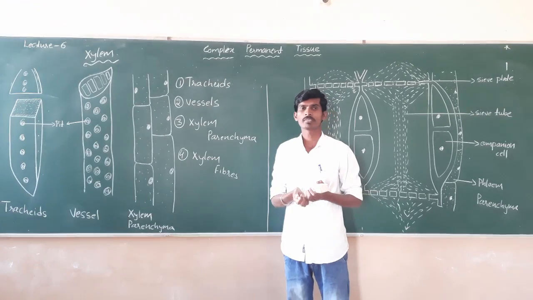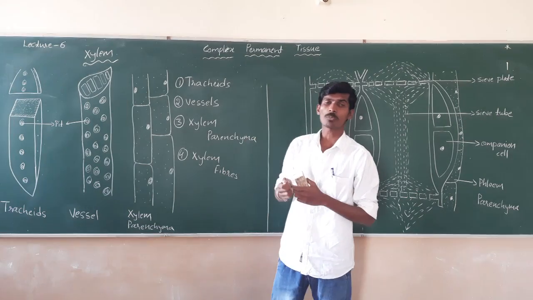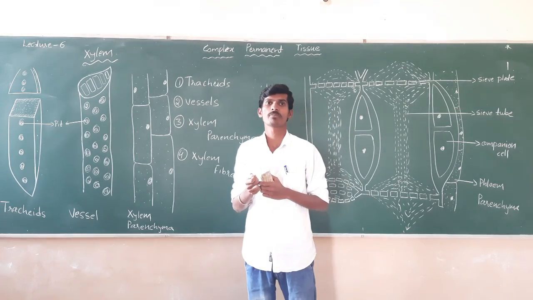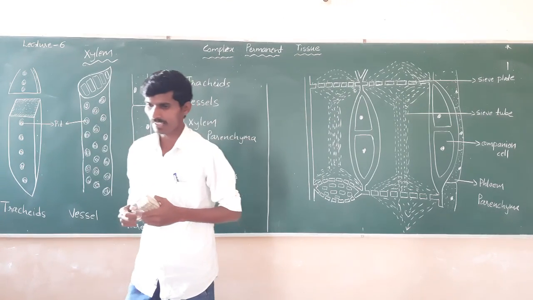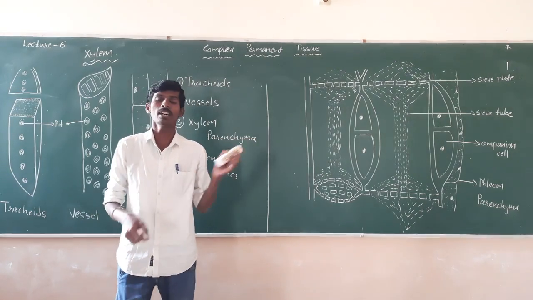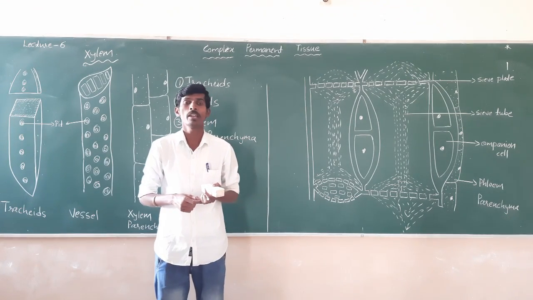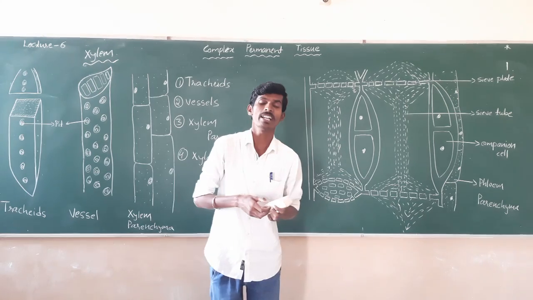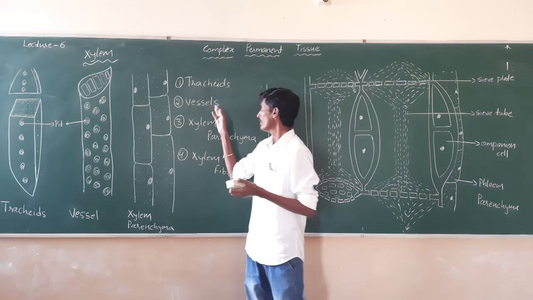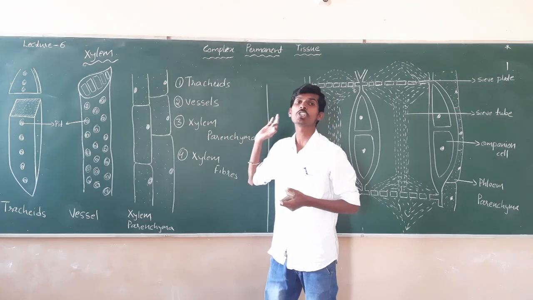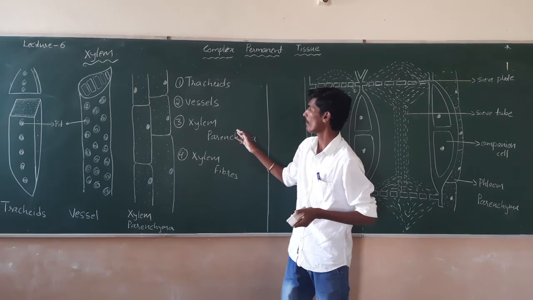Next, the xylem cell walls are thick, and many of them are dead. Many of them are dead tissues except the xylem parenchyma.